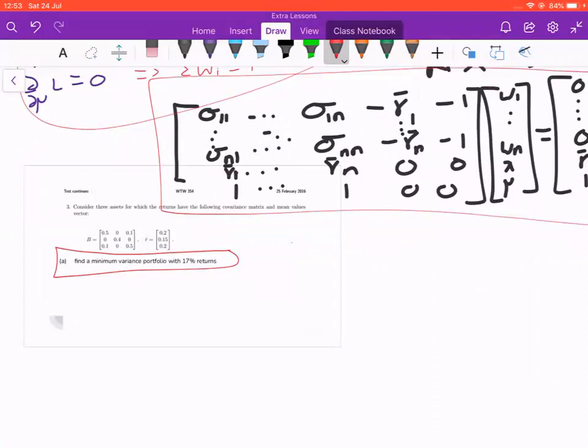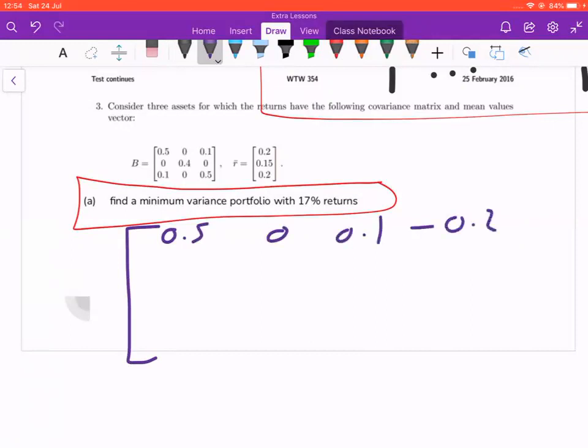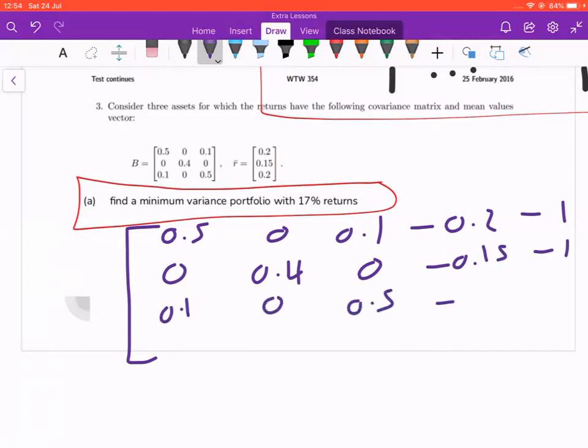So basically what you will have is 0.5, 0, 0.1, the negative returns of 0.2, minus 1, 0, 0.4, 0, negative 0.15, negative 1, 0.1, 0, 0.5, negative 0.2, minus 1.